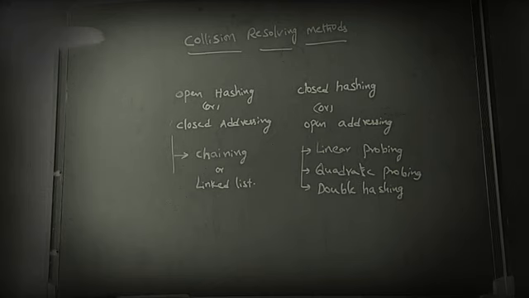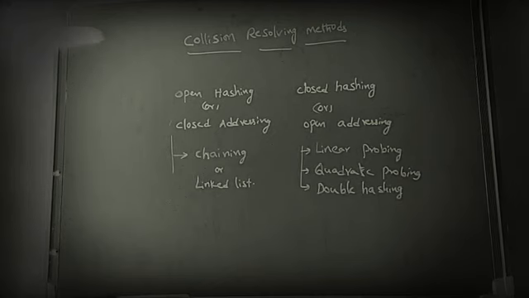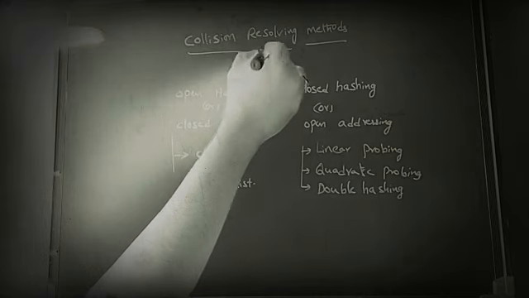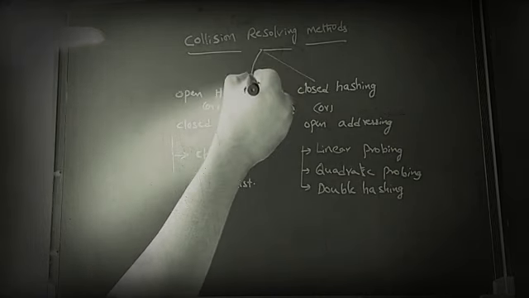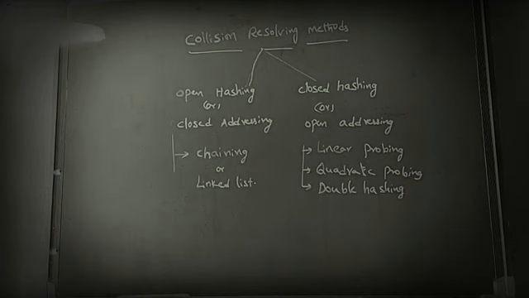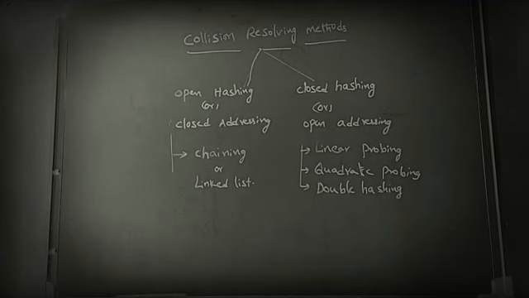Okay, so these are the general possible solutions in hashing methods, the open hashing and closed hashing methods to resolve the collision. Let us see one after another how the collision is resolved.